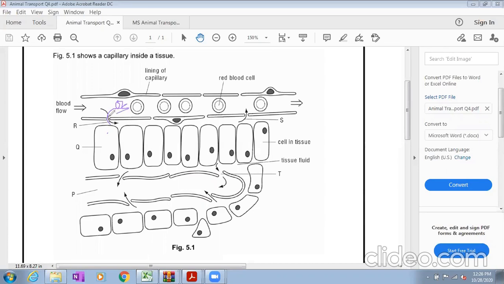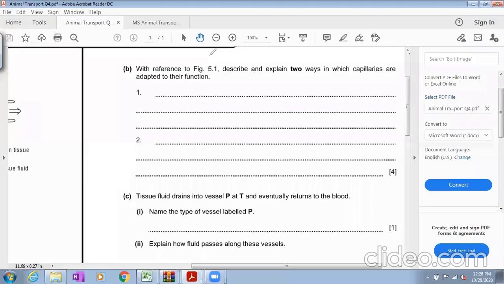Another point, capillaries have pores. Through these pores, small molecules can pass through easily and reach the cell easily. Another point: the lumen of the capillary is small, which means blood will go through very slowly.